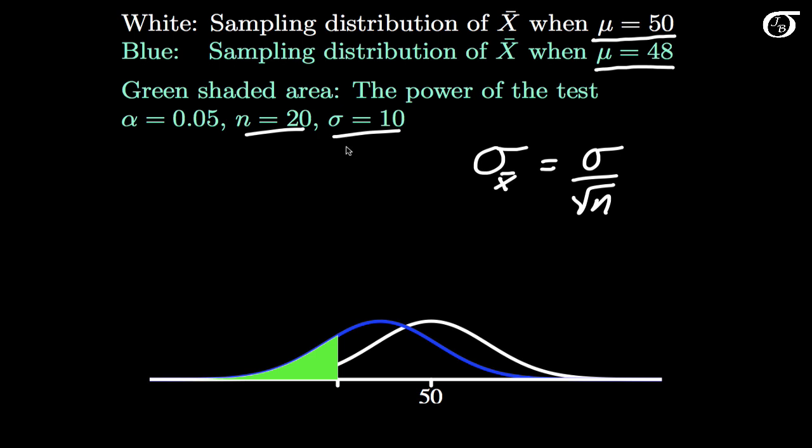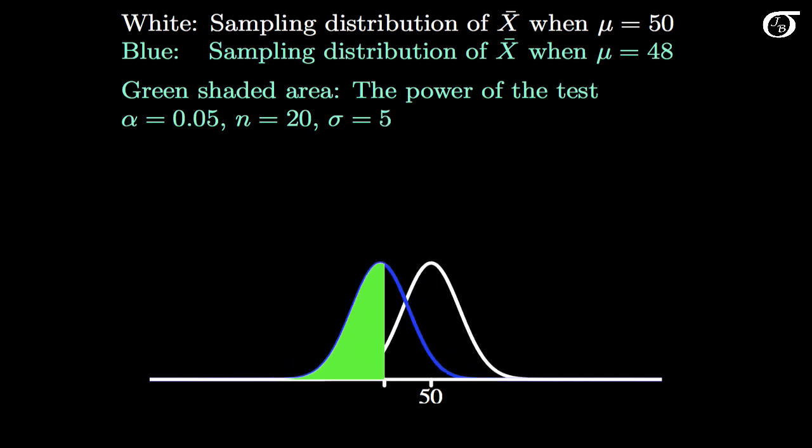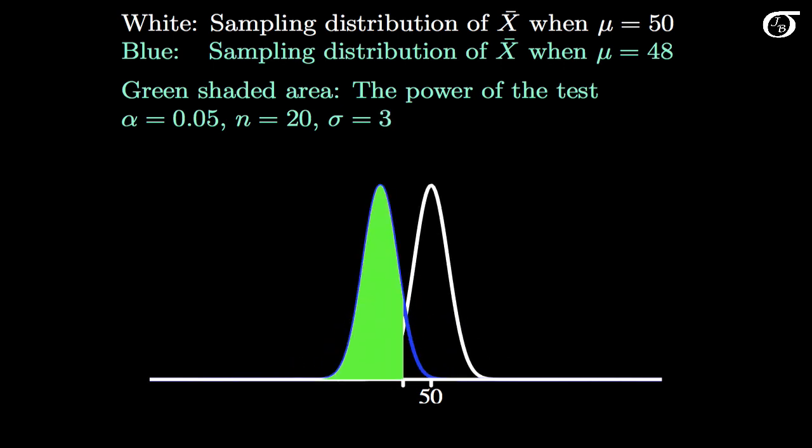So let's let sigma decrease and watch what happens. And if sigma were to get smaller and smaller, the power would get very close to 1.